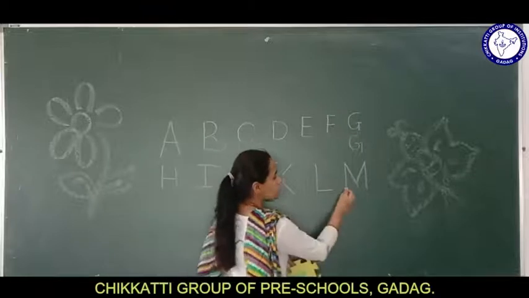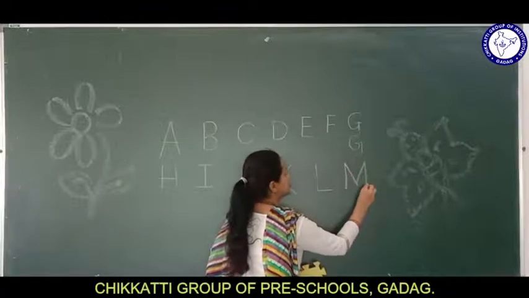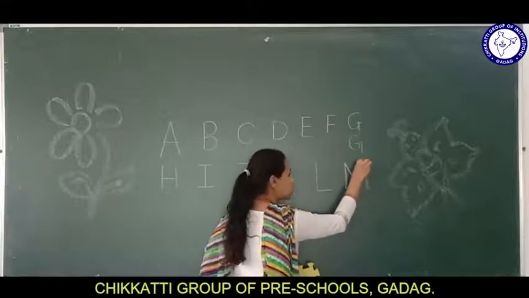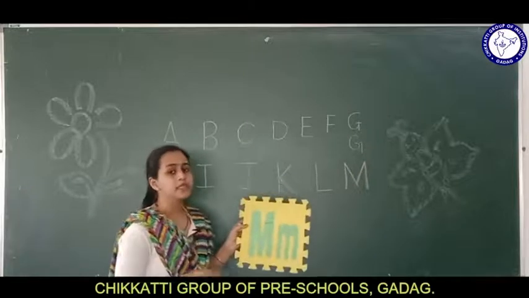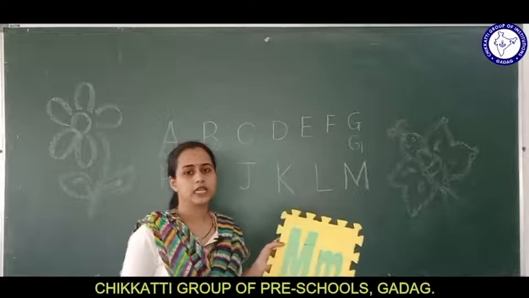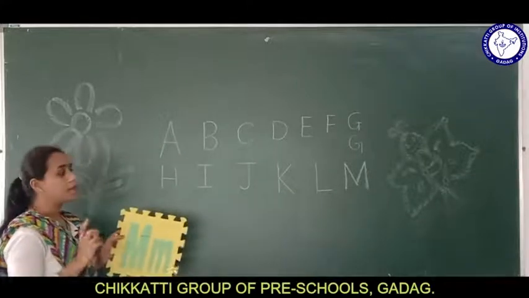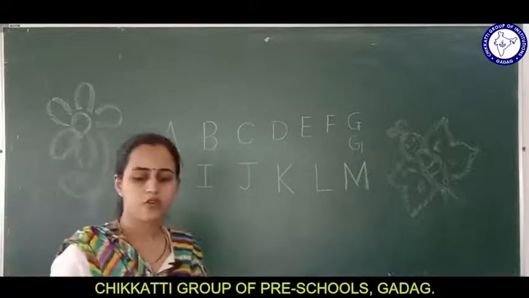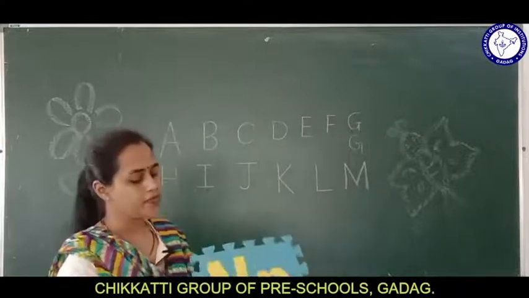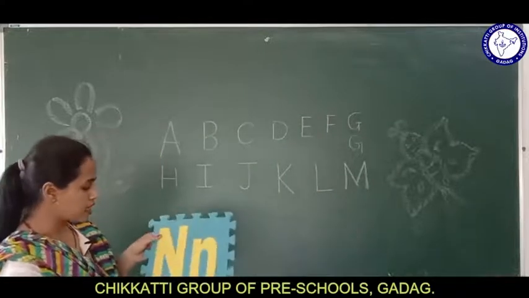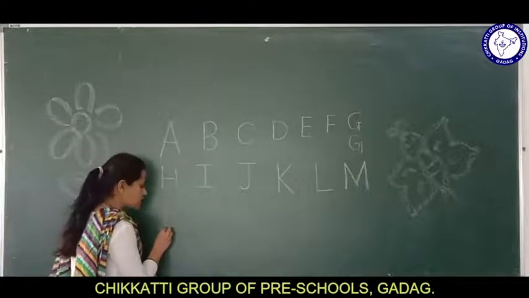So what is that? Standing line, take a slide, standing line, again take a slide. It will become M. What is the M sound? M. So here go the next letter, which is N. So how to write N now? You already know how to write M, so N is easy for you, right?